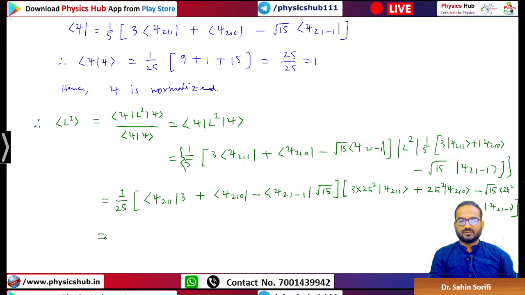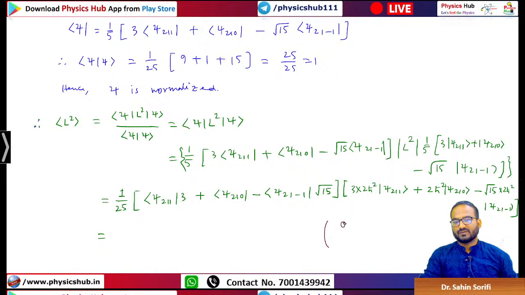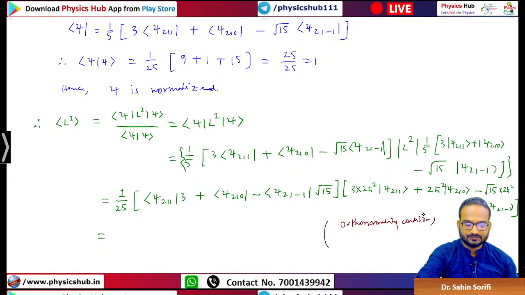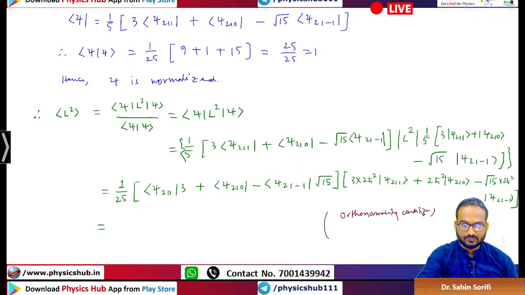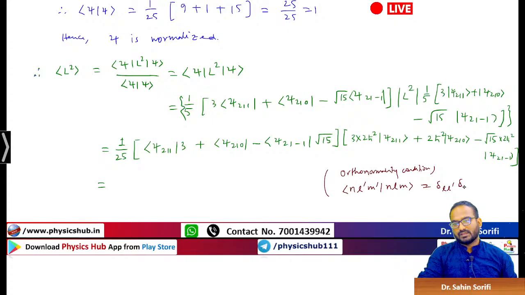Now using the orthonormality condition, as I have already told you, n l prime m prime, n l m, delta l prime l delta m prime m.